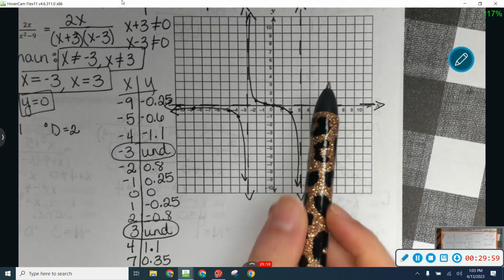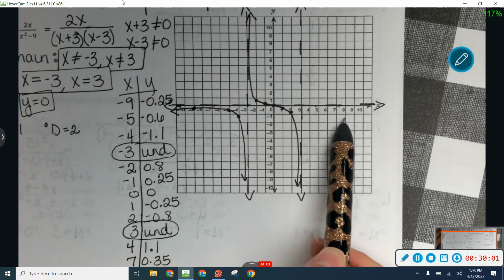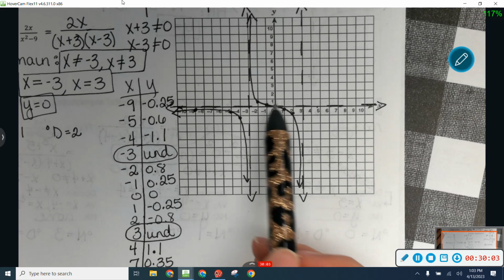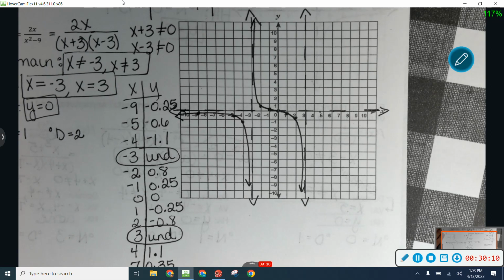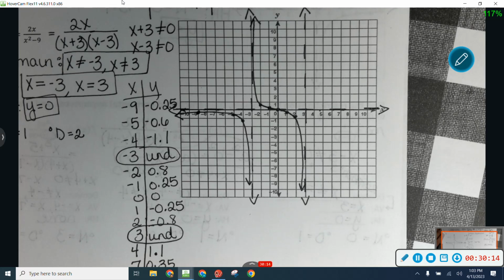So that's what I was saying. Your horizontal asymptote, you can cross because you only get that asymptote by looking at the degrees of your numerator and denominator. So nothing that's mathematically illegal. But you will never cross a vertical asymptote because that's what makes your denominator 0. So that's why it's undefined there.